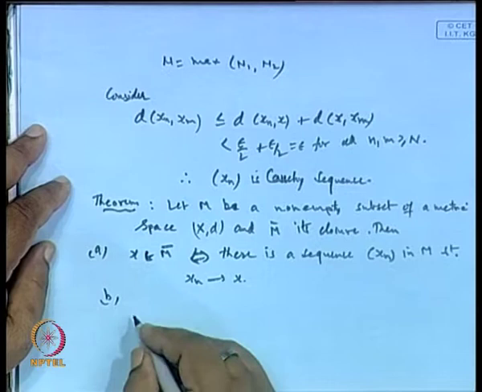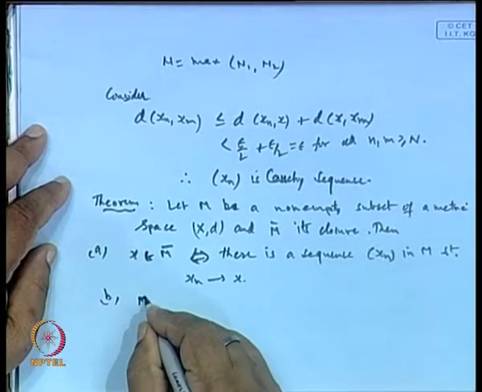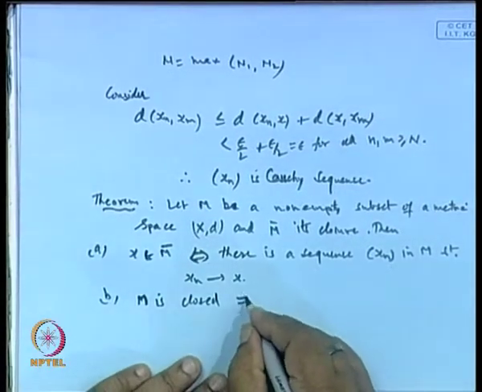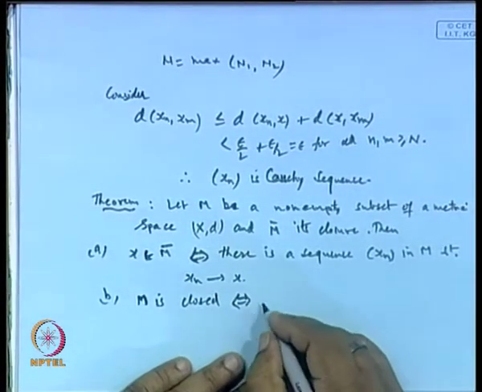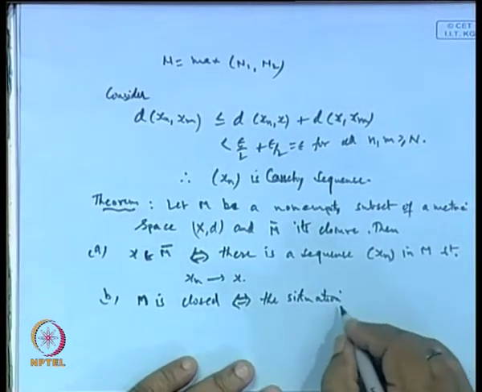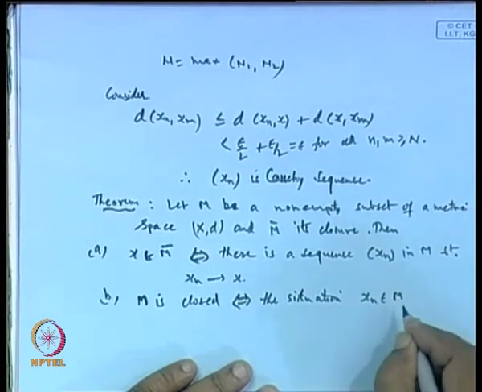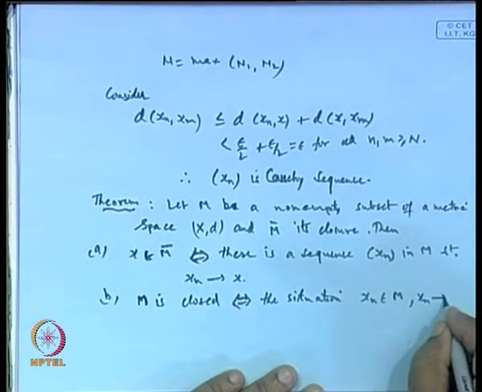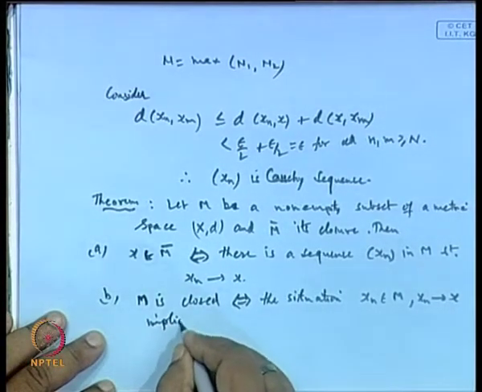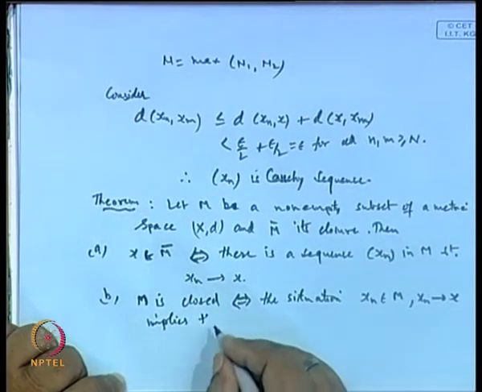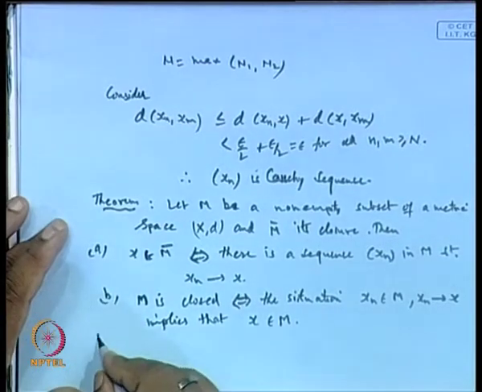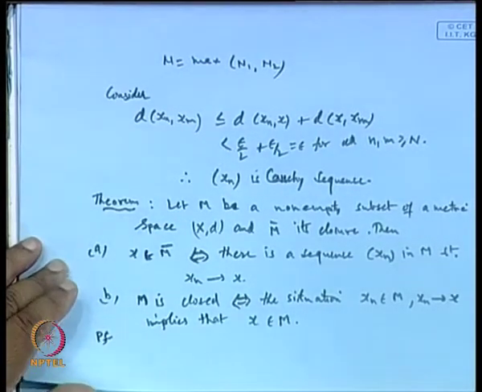Part B: M is closed if and only if the situation x n belongs to capital M, x n converges to x, implies that x is a point of M. Okay. The proof is like that.